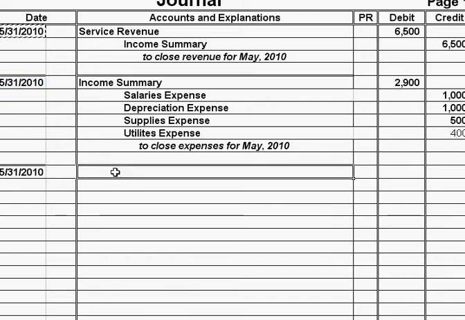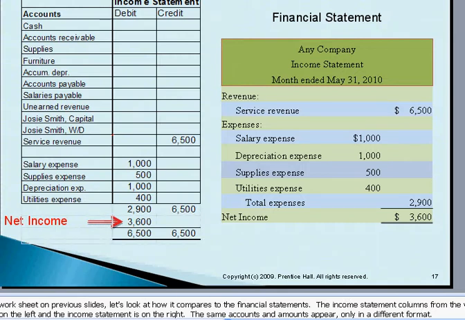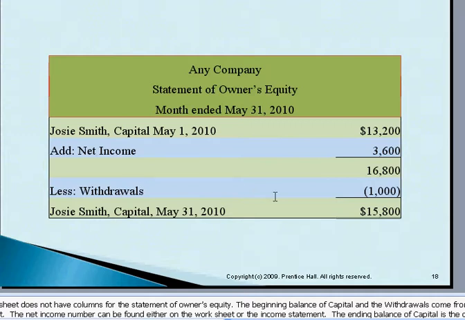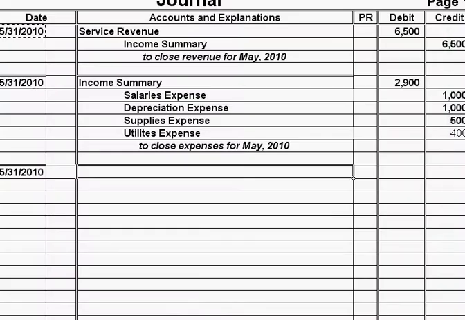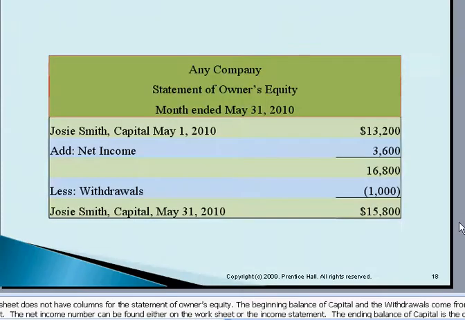Okay, so our third closing entry is to close this account called Income Summary to the capital account. Now let's just jump back to get the information. Josie Smith's capital account, that's the name of the account we're going to use.